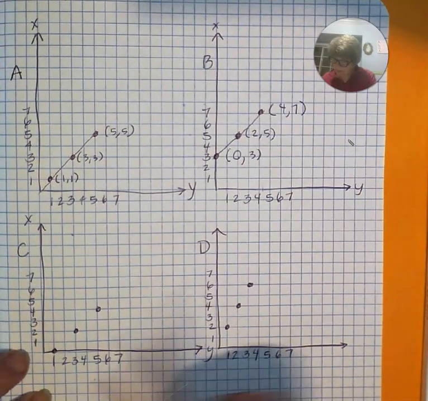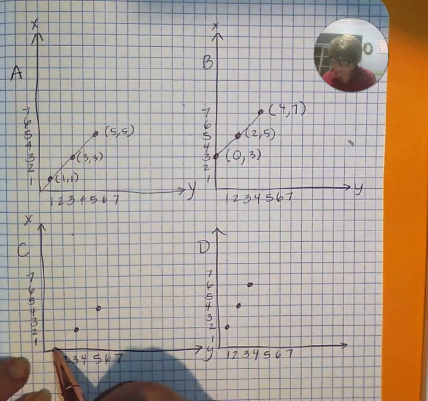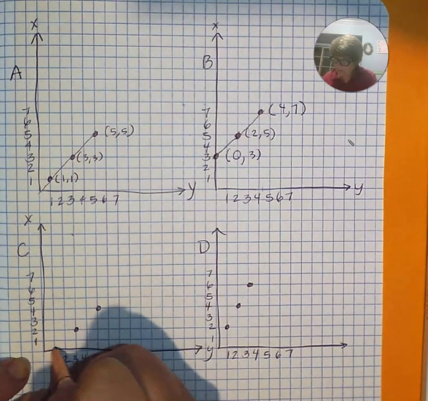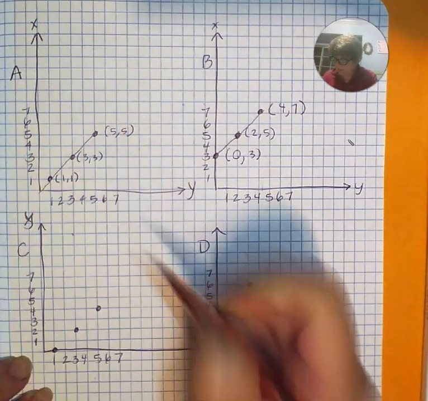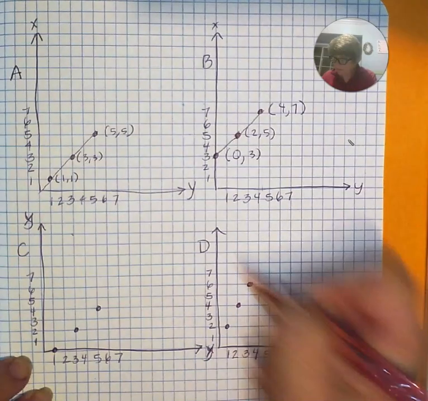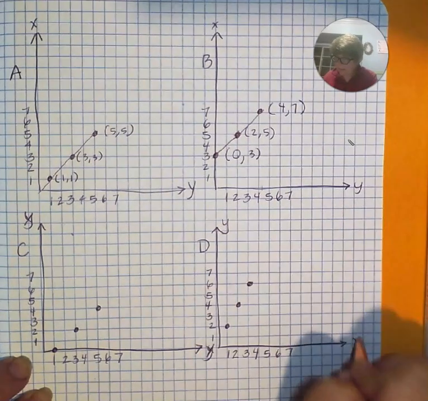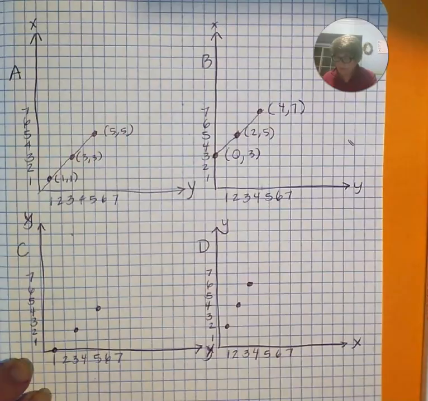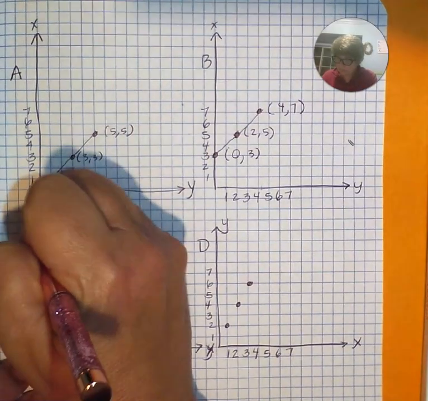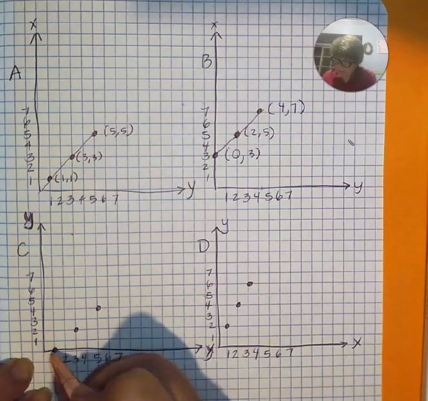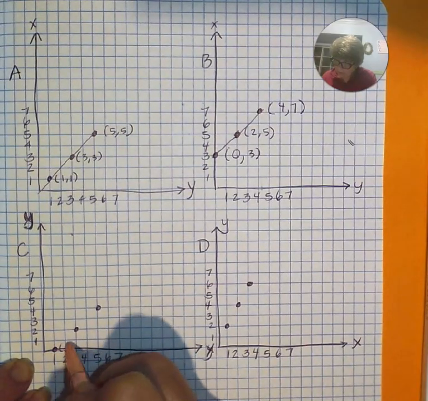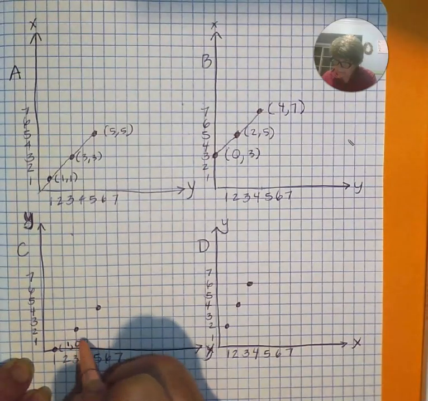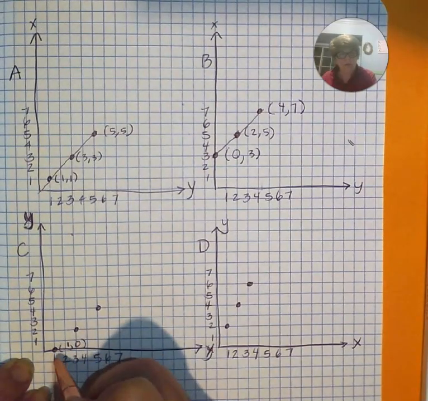Then for C, we have points on the x-axis now, and I just noticed that I labeled this one wrong. Sorry about that. There we go. Y is always up and X is always on the side, and it's on the x-axis, so that would be 1 and a Y of 0 because we're not going up or down, right?